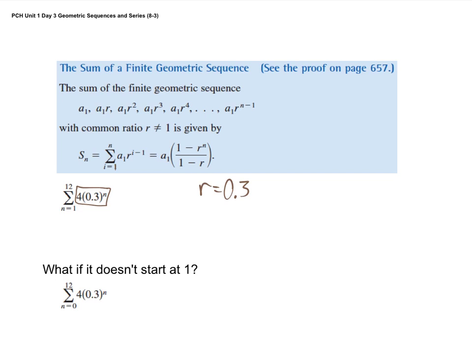So notice we are starting at 1 in this case. So I first of all need to find a sub 1. Well, what's a sub 1? 1.2. If we plug that in, 4 times 0.3 to the first is 1.2.